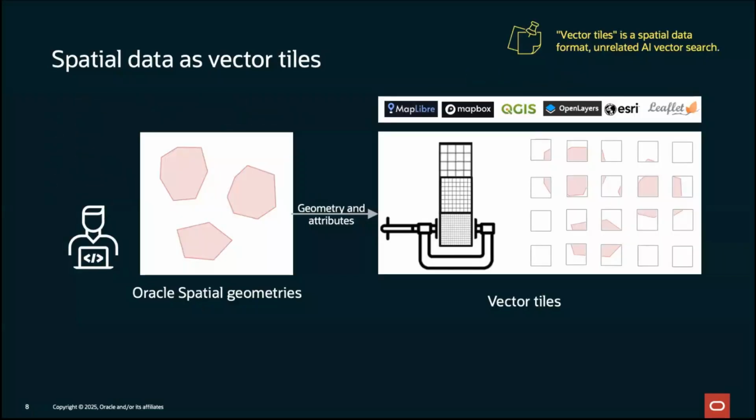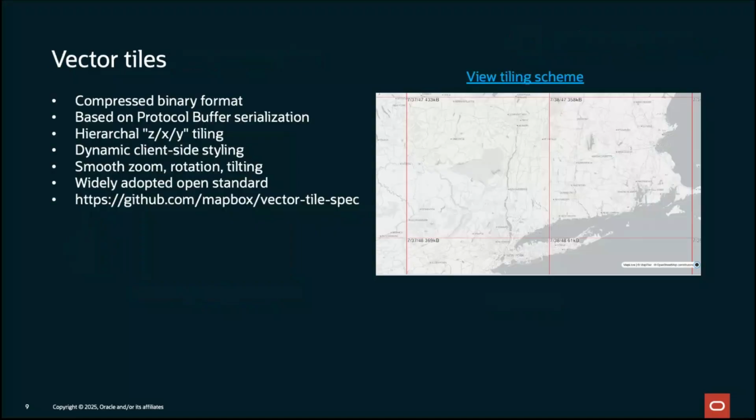And the important thing here is that instead of needing a whole separate tier of technology to do this processing, by having this in the database, we've really simplified the overall architecture of serving geospatial data to modern web clients.